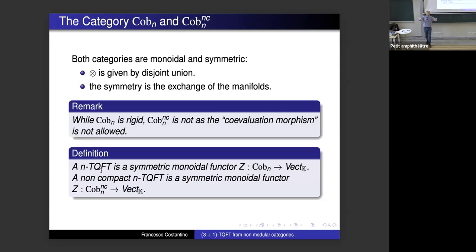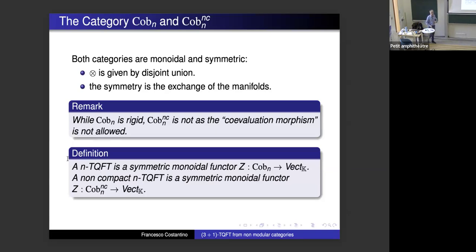And the fact that the second one is a dual of the first one is witnessed by the existence of n+1 cobordisms, which realize the evaluation and coevaluation maps in the categorical sense. And these n+1 manifolds are just products of your initial manifold, like this or like this. So this is the evaluation, this is the coevaluation. I'm really very much waving my hands, but I think you all understand what I'm doing.